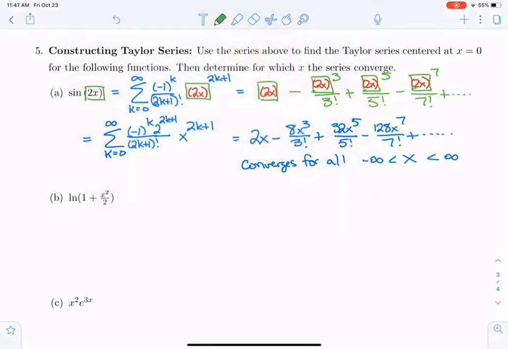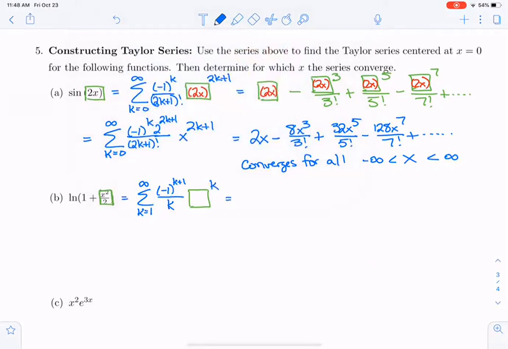We found the series for the natural log of 1 plus a box. So we can find that series. That's the sum from k equals 1 to infinity of -1 to the k plus 1 over k, and then it would be times the box to the k power.